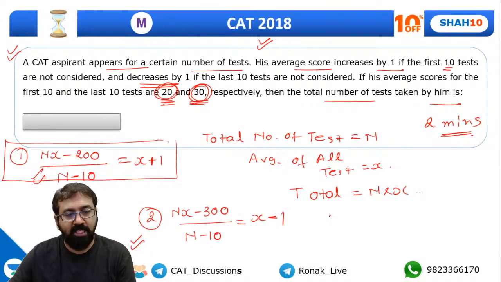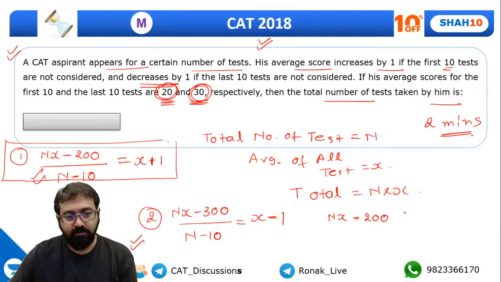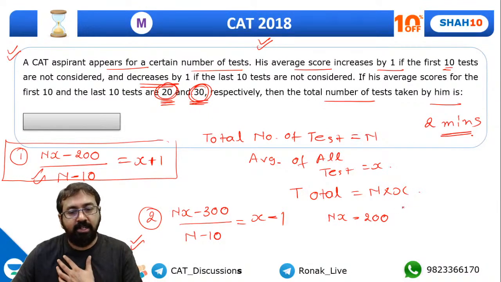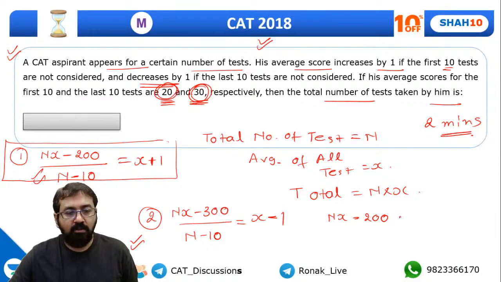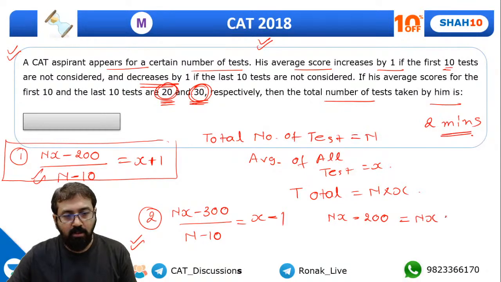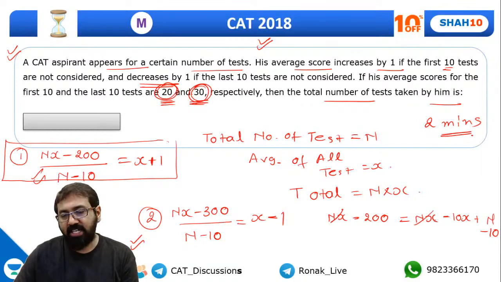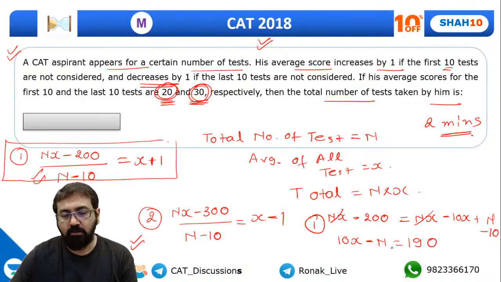So your equation will be nx minus 200 is equal to nx minus 10x plus n minus 10. So nx will get cancelled off. This is your first equation basically. So you will get 10x minus n is equal to 190.